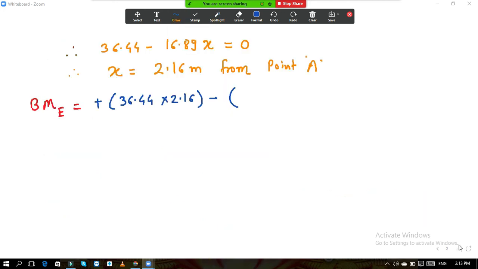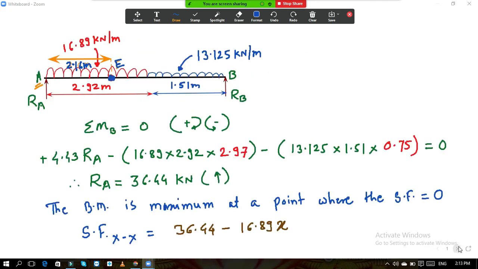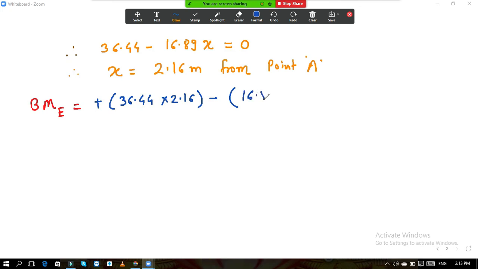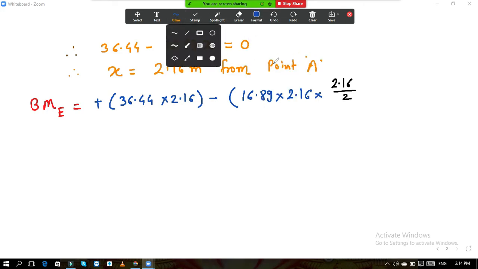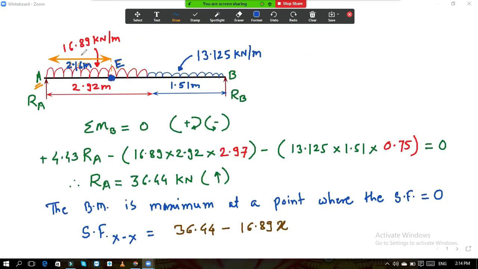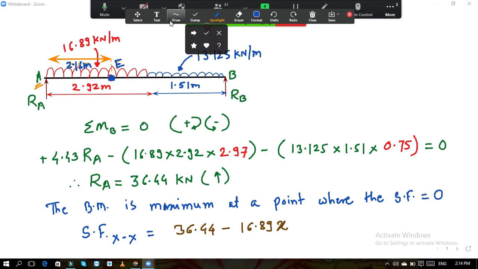Convert this UDL into the point load and then take the moment. What was the value? 16.89. So 16.89 into 2.16. This is the conversion of UDL into the point load, and the distance is 2.16 divided by 2, because it will act at the center of this 2.16.